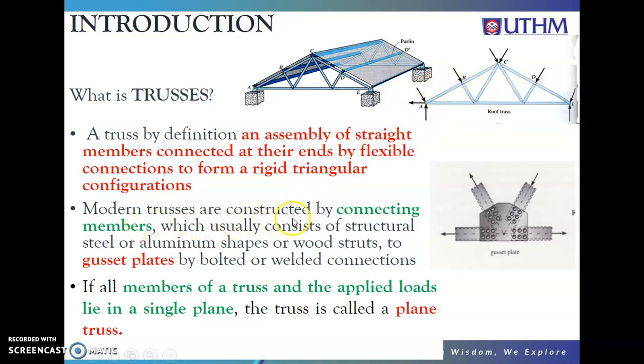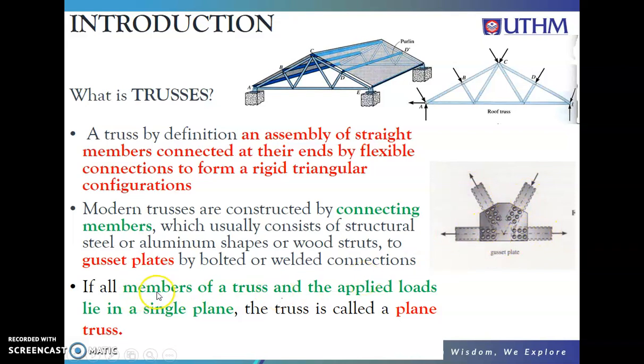A modern truss is constructed by connecting members, which usually consist of structural steel or aluminium shapes or wood struts, to gusset plates by bolted or welded connections. So this is an example of a gusset plate.